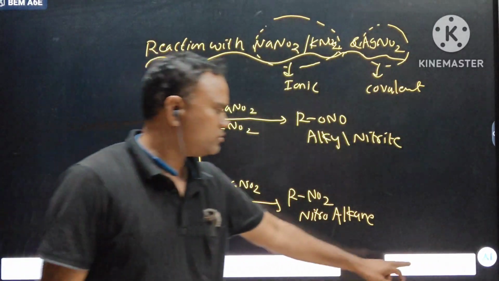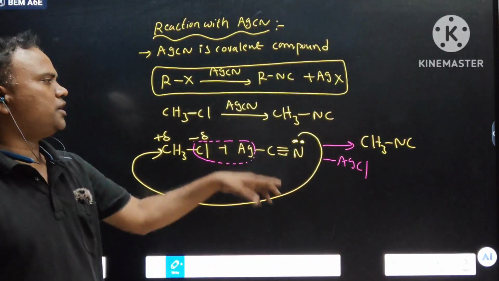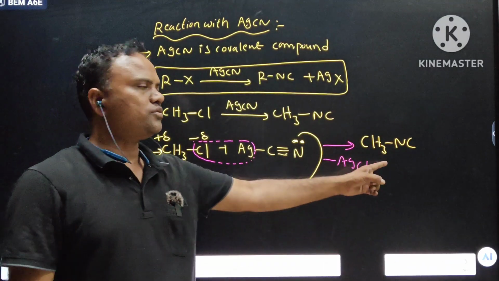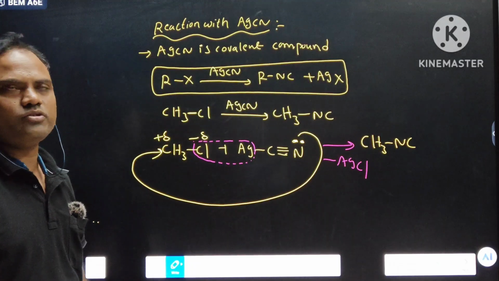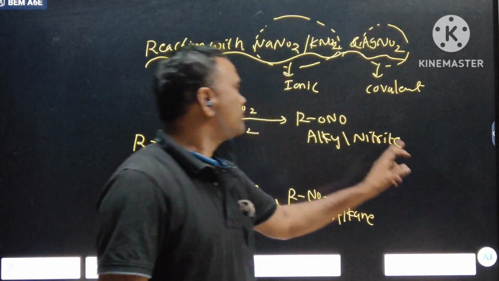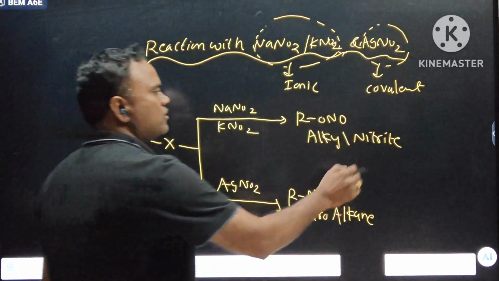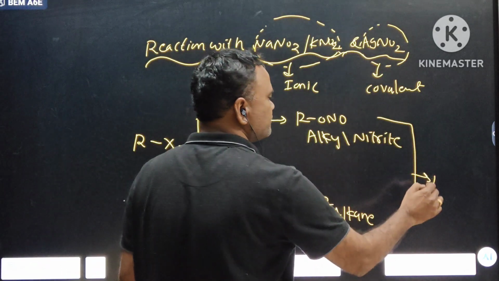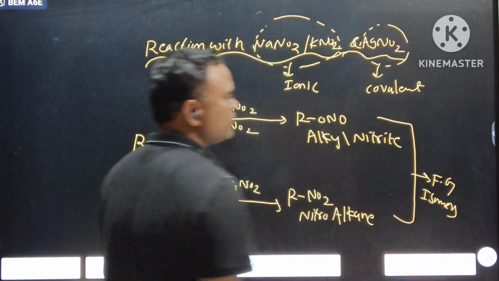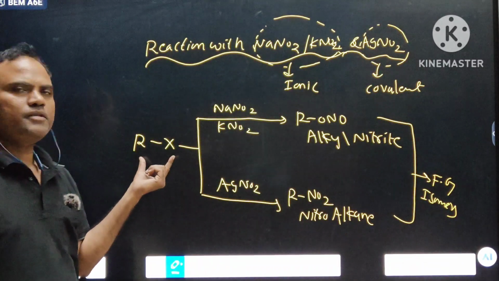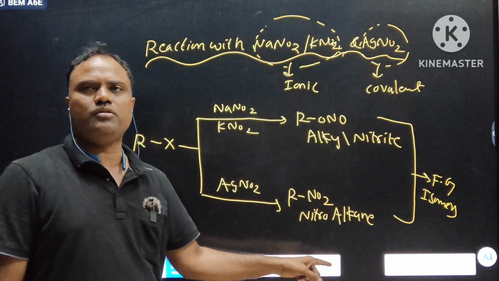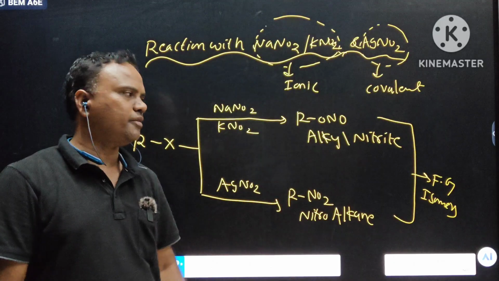And before that also, what is the relation between cyanide and isocyanide? Cyanide and isocyanides are functional group isomers. Similarly, alkyl nitrites and nitroalkanes are also functional group isomers. Very, very important. You will get these types of questions. They will give like this: CH3Cl, NaNO2, this is A. AgNO2, B. What is the functional group relation between A and B?